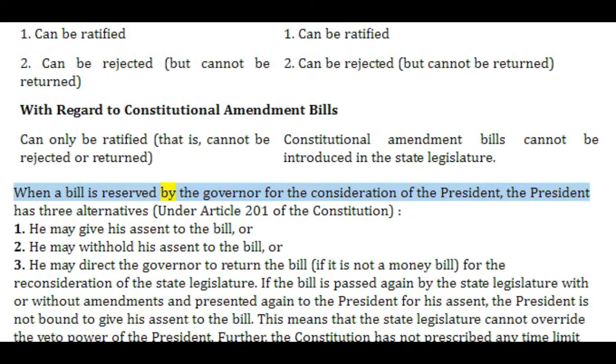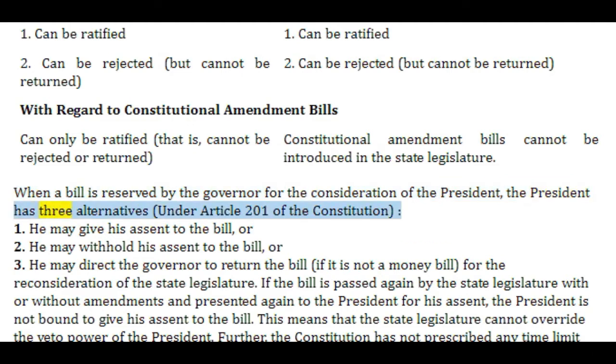When a bill is reserved by the Governor for the consideration of the President, he has 3 alternatives under Article 201 of the Constitution. 1. He may give his assent to the bill, or 2. He may withhold his assent to the bill, or 3. He may direct the Governor to return the bill, if it is not a money bill, for the reconsideration of the state legislature.